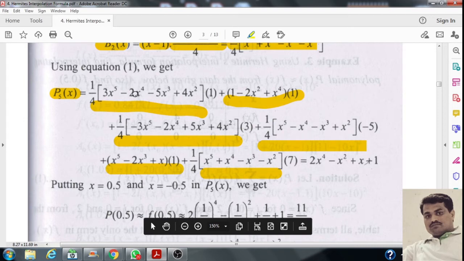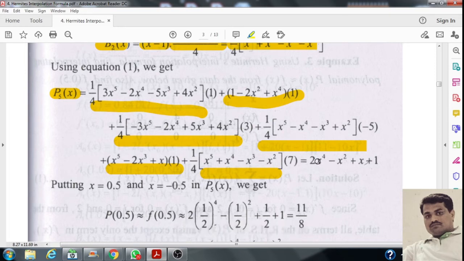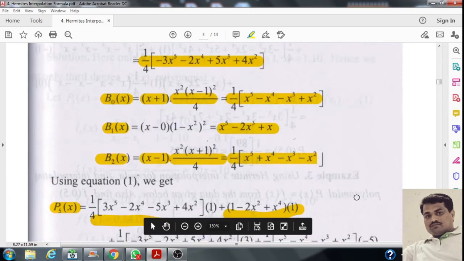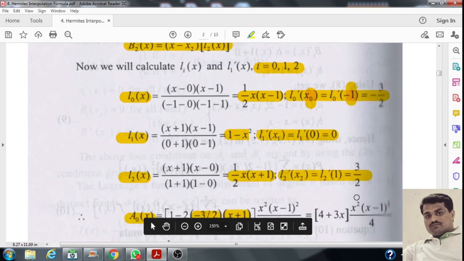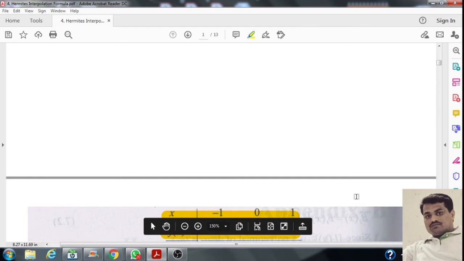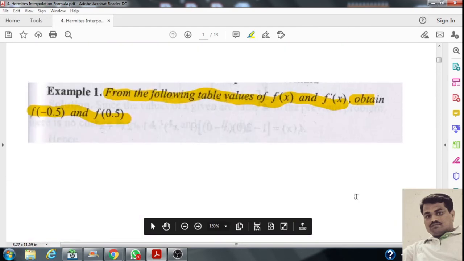And then we simplify this whole right hand side, and you can write in ascending powers of x or descending powers of x. We get p5 of x is equal to 2 into x raised to 4 minus x square plus x plus 1. And this is the interpolating polynomial for the given data satisfying f of x and f dash of x. Thus we get the first f of x.